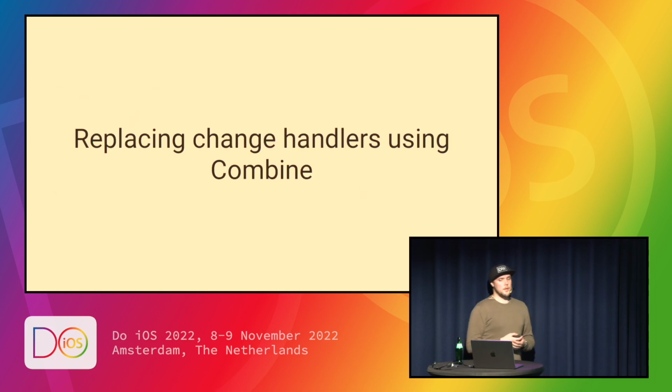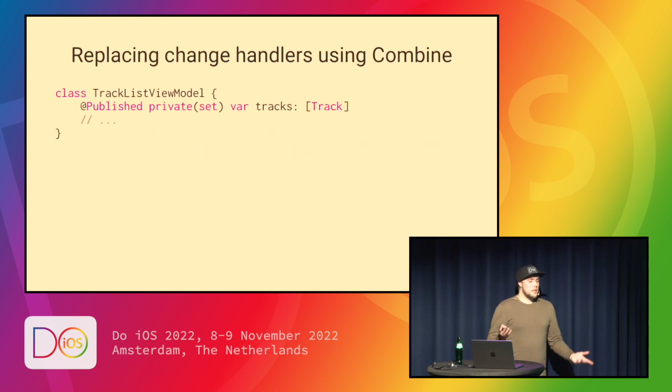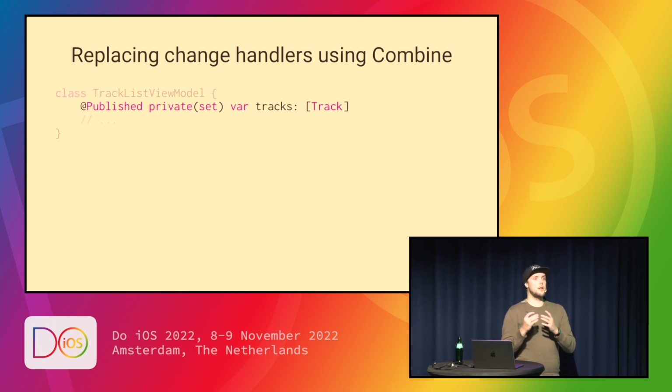So how do we replace these with Combine then? This is the most straightforward approach. We can change our var tracks. It can still be private set and annotated with the Published property wrapper. What this does is it wraps it in a Combine publisher so that whenever we assign a new value to tracks, the publisher will say, hey, there's a new value assigned to me.